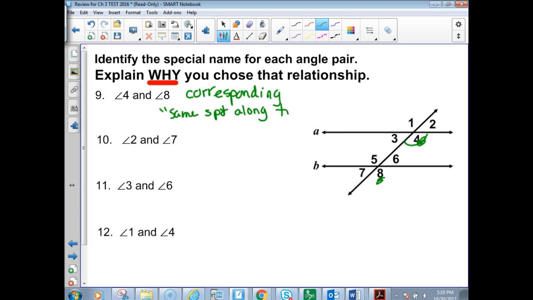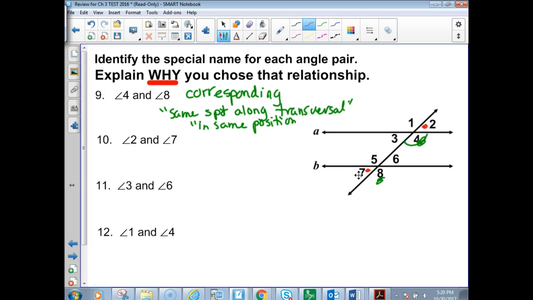That's one way to put it. Or you could say, in same position. Okay, they're on the same side of the transversal in the same position along the lines that are cut by the transversal.